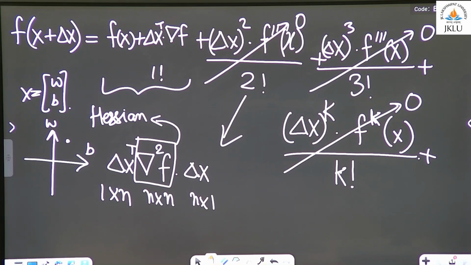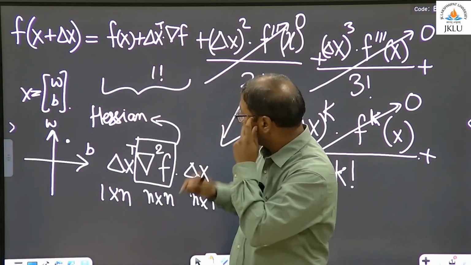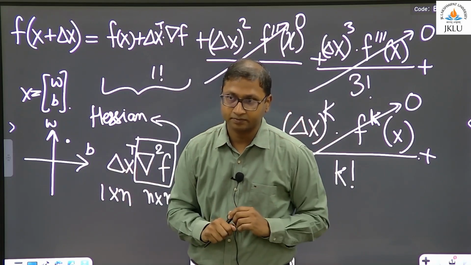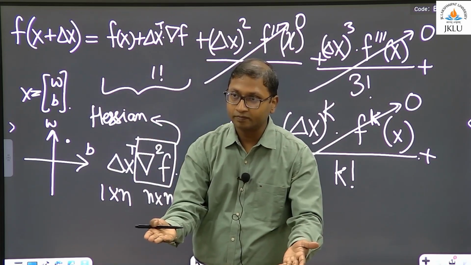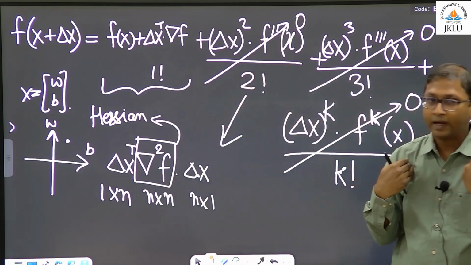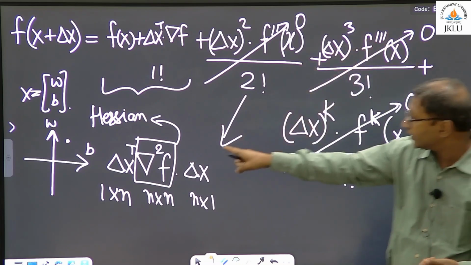If I make a slight change, what is my goal? My goal is to reach minima. So if I am here right now, I make a small change delta x, I will get a new value of my f, and what do I want? I want that new value to be lesser than the original point.